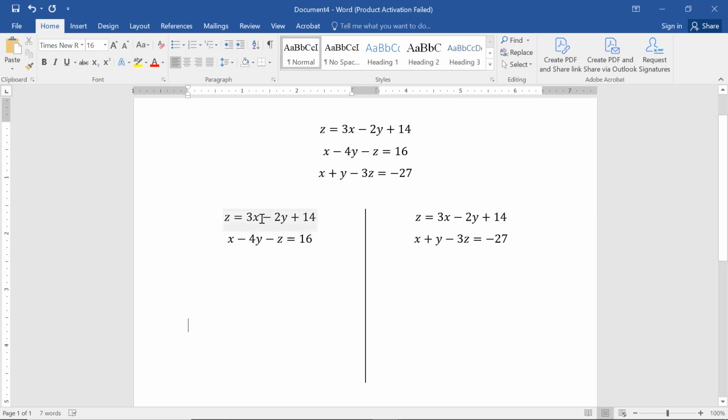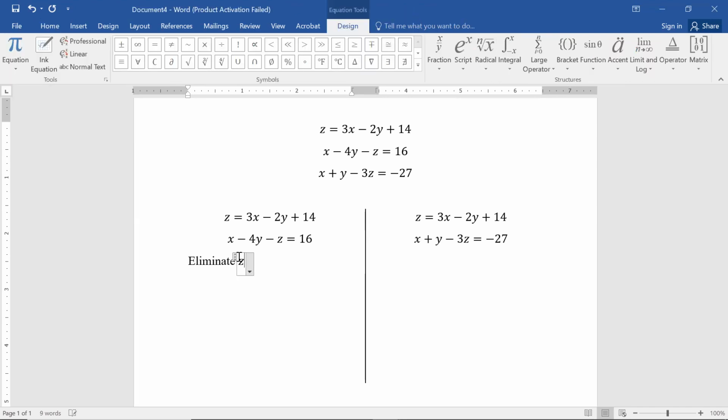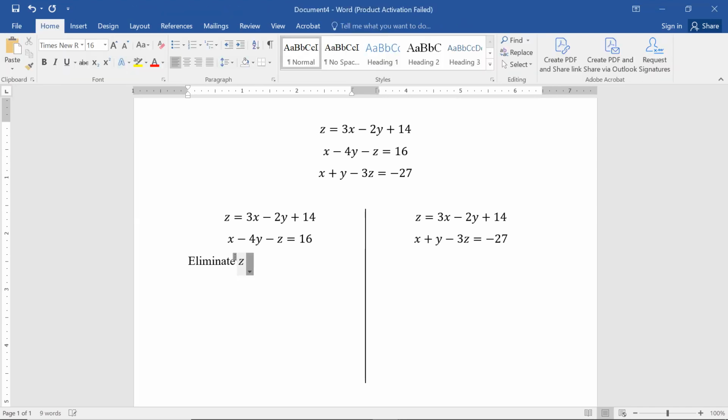Now, once again, you could use the same method we did before just by moving the x's and y's to the left-hand side of the equation in equation number 1. But we're going to eliminate z in both equations. In this case, by substitution.